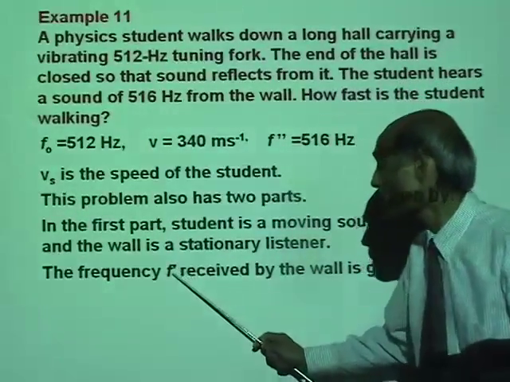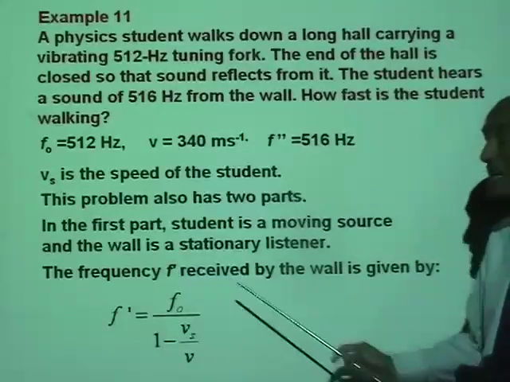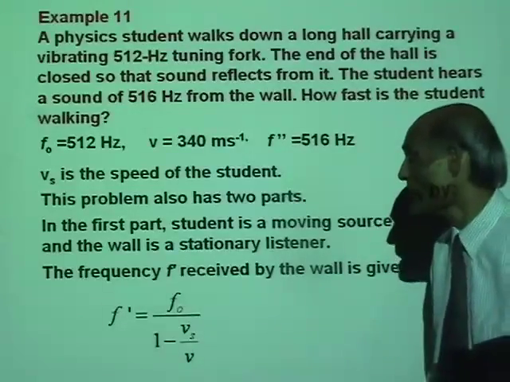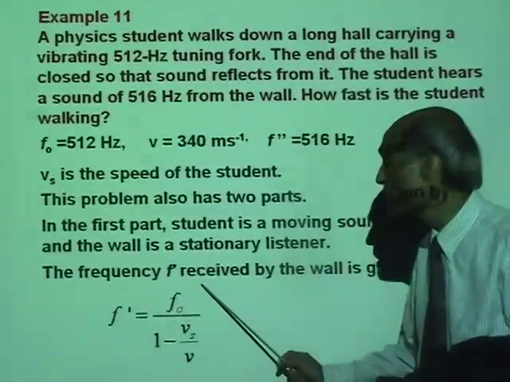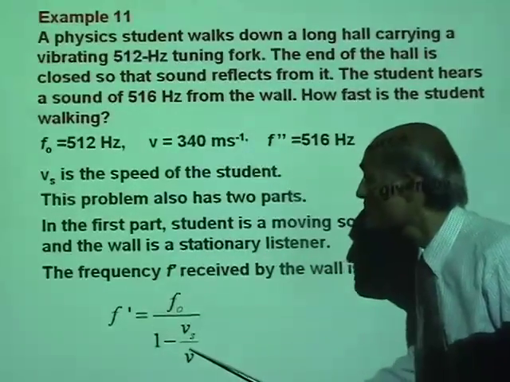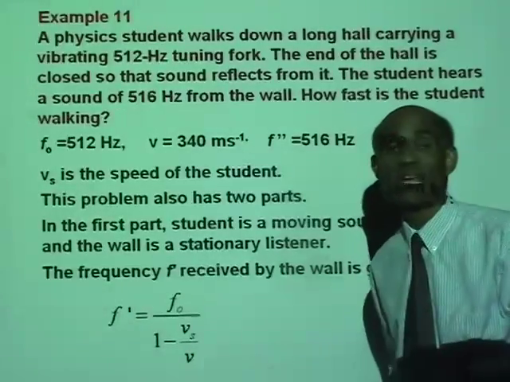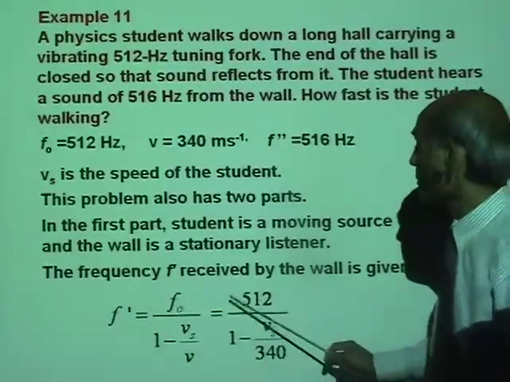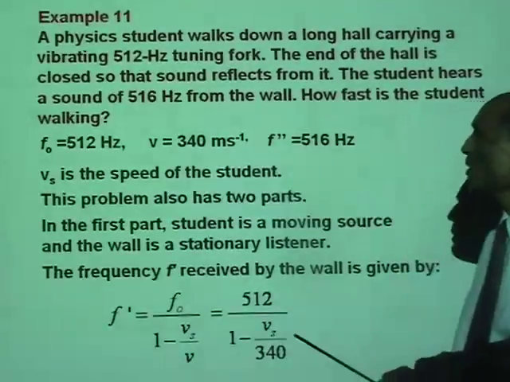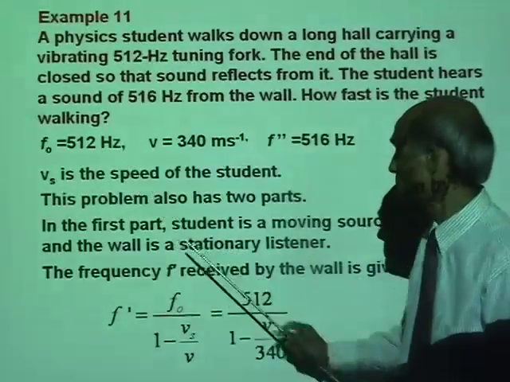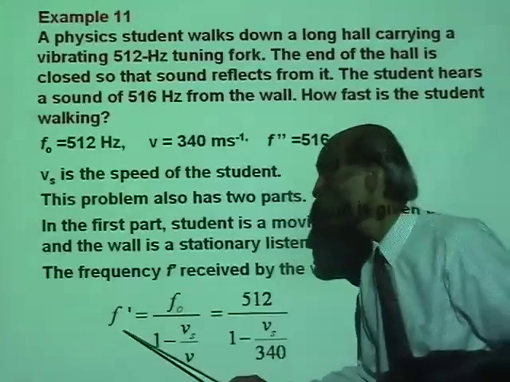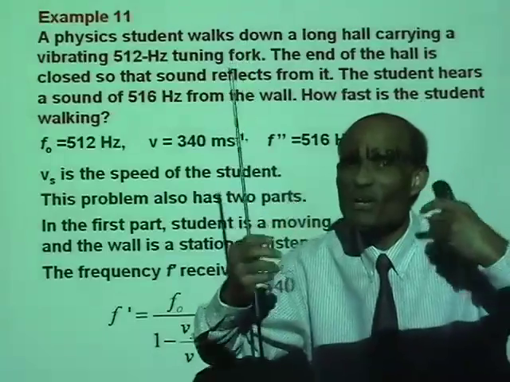The frequency f prime received by the wall is f prime equal to f0 divided by 1 minus Vs over V, where you know f0, we know V, the speed of sound, we don't know Vs. Alright, that will be 512 divided by 1 minus Vs over 340. Is that right? f0 divided by 1 minus Vs over V. That is the frequency as is heard by the wall.